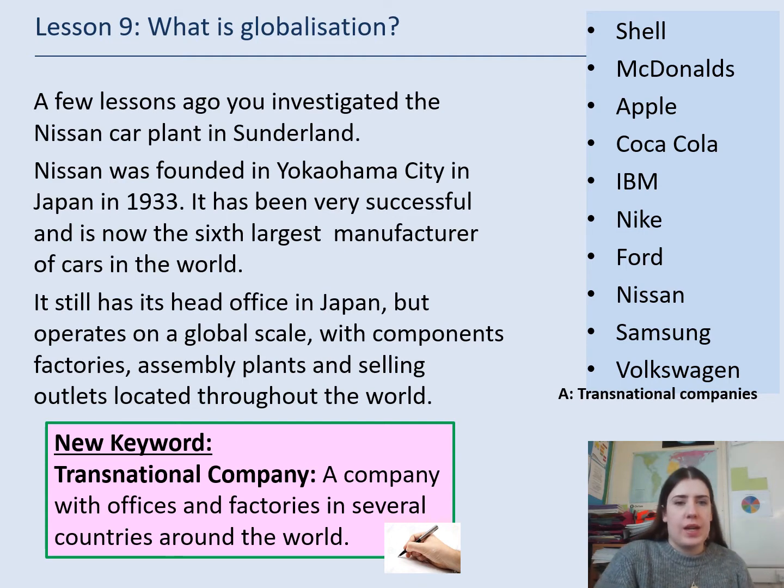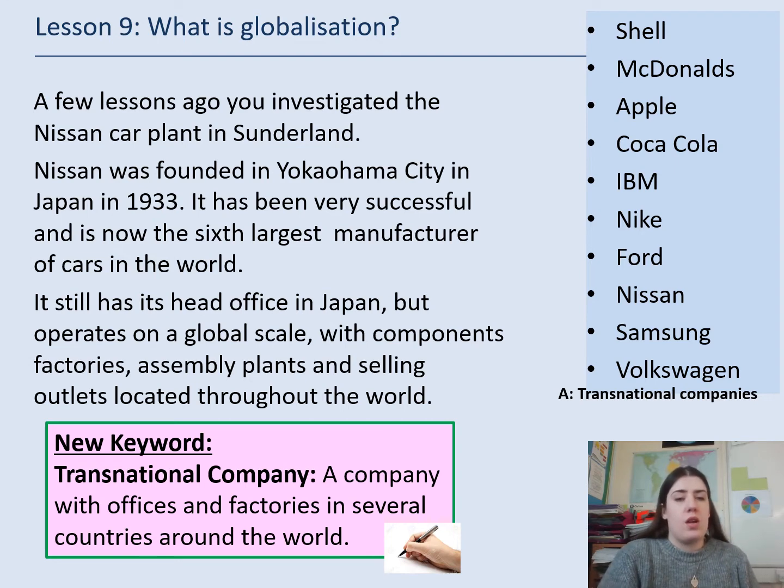So this is looking at Nissan cars. You've got a car plant in Sunderland, and it was founded in Japan, and it assembles and sells the cars throughout the world.